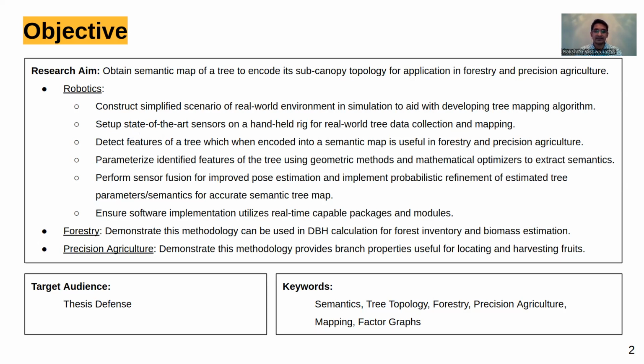Once we parameterize these features, we aggregate all of this information from each time step as we collect it. This aggregation involves some amount of probabilistic refinement and sensor fusion. Finally, all of this is made real-time capable using C++ and other fast libraries.